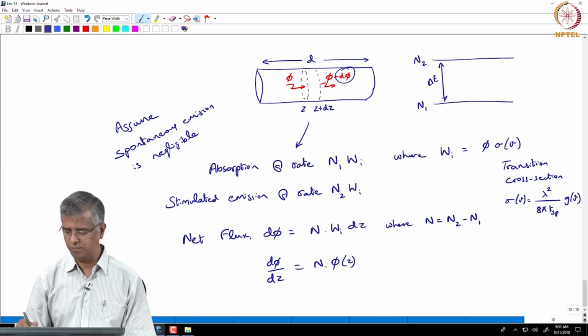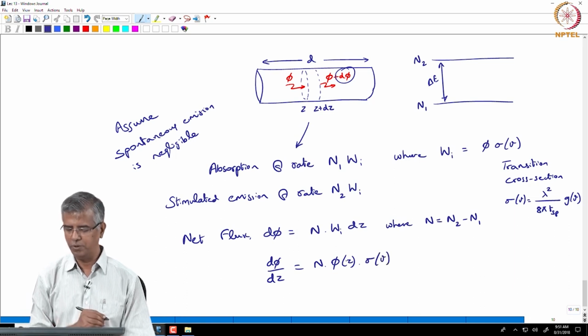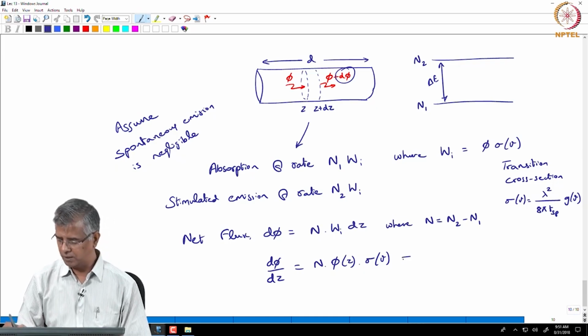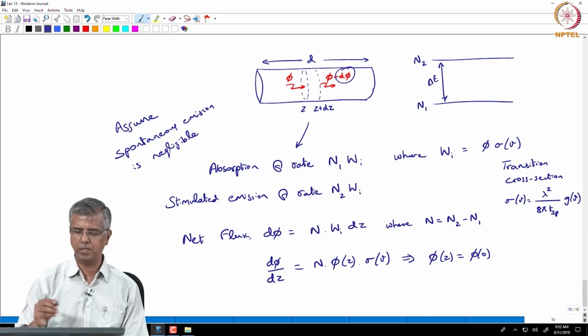Wi corresponds to phi of z multiplied by sigma of nu, okay, and d phi over dz is N times that, and the solution for this will be phi of z is given by phi of 0. What is phi of 0 here?